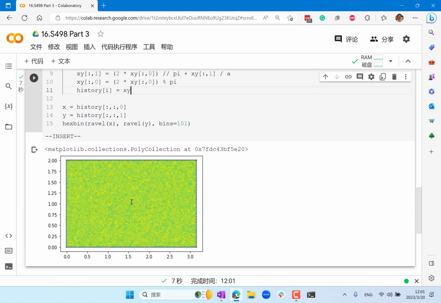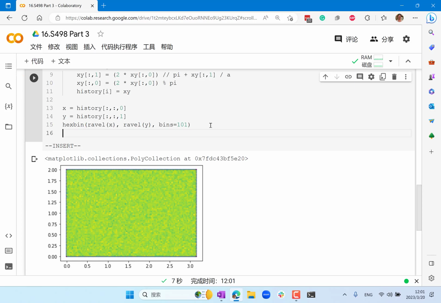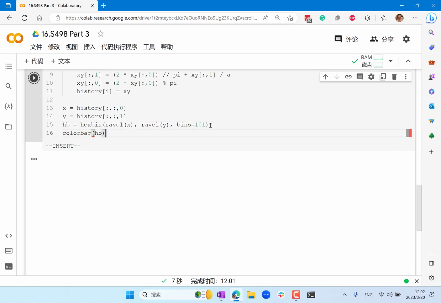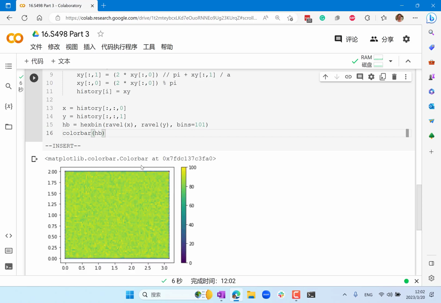All right. Okay, let's make a color bar. Okay, so let's just make sure we have the scale. All right. So what we see is that we do get a pretty uniform distribution, right?